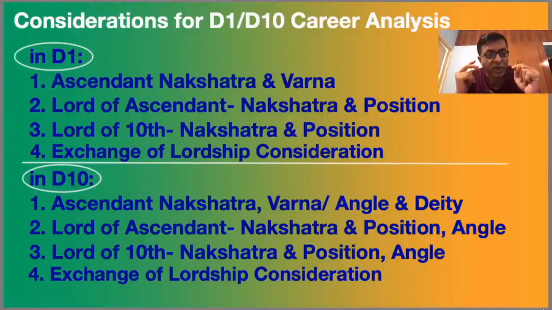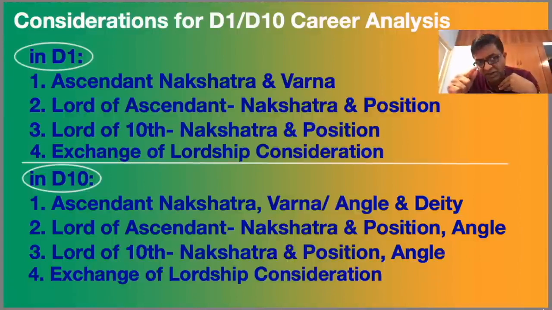Number two, the lord of the ascendant, nakshatra, position, and angle, and the deity. Okay, we'll have to see all of this and how this plays out, even just considering the ascendant lord, 10th house lord angle itself becomes so complicated. You will see this. Number three, lord of the 10th, nakshatra, position, and angle.